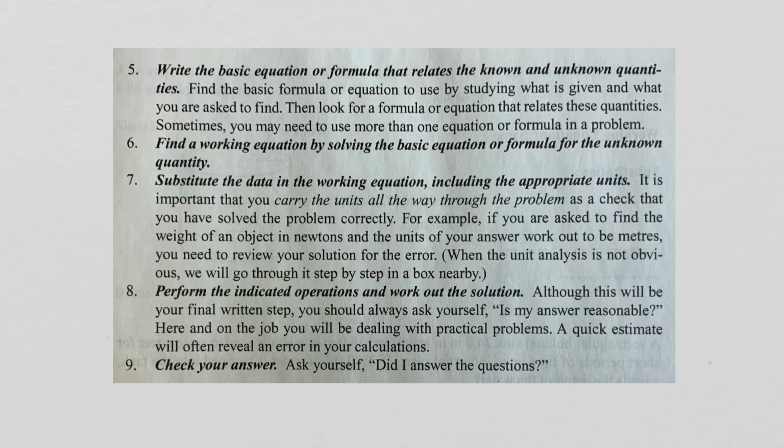So if you get a unit of length, that means that your calculation was wrong. You plugged the known data in the wrong places. Or if you have to solve a problem about speed of motion, but your answer has distance units, it means that you plugged your data in the wrong places. That's why it's important to have your data entered in the formula along with their units in order to be able to calculate correctly.